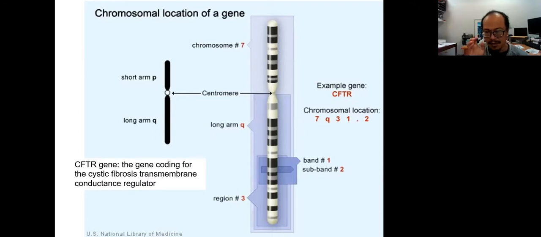So this gene is located in, for example, this region.